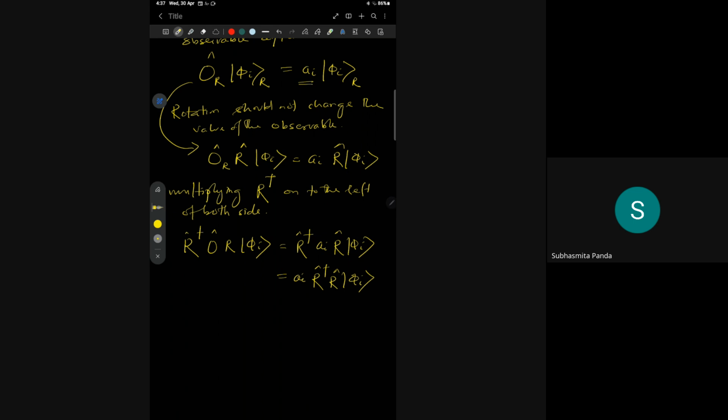But the rotation operator is a unitary operator, right? This implies R dagger R is equal to identity.